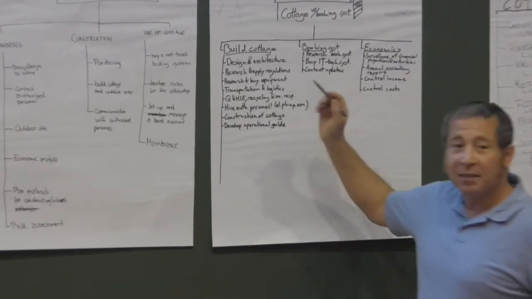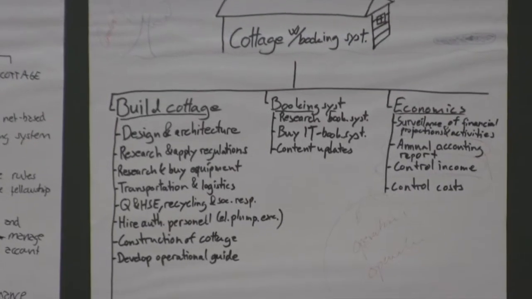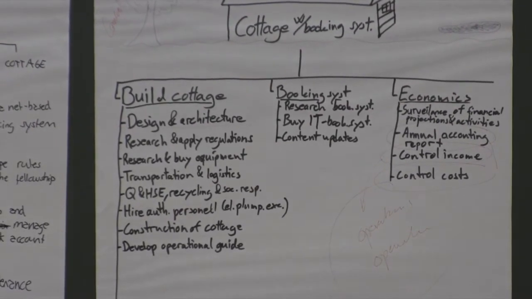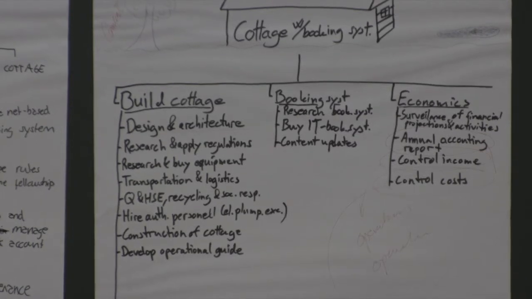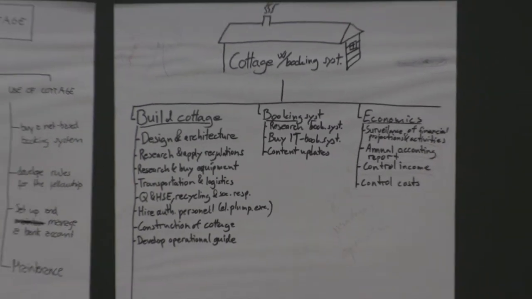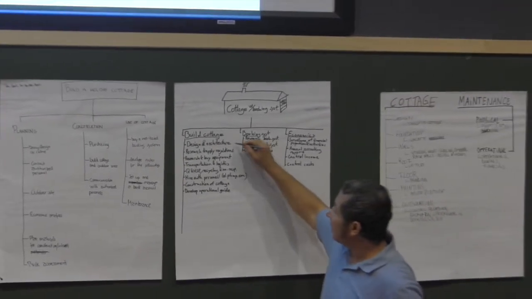But what do they have here? They have design and architect. Now actually, you can't build if you don't have the design, right? So actually, this design and architect should come as its own work package, which results in one clear deliverable, which is say the drawings. And then you might start building.